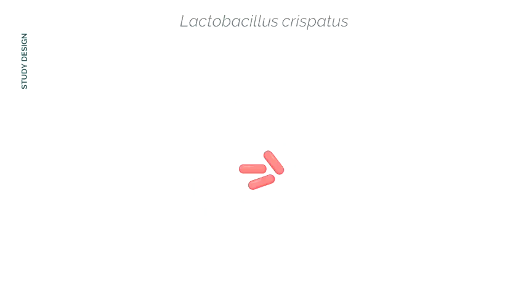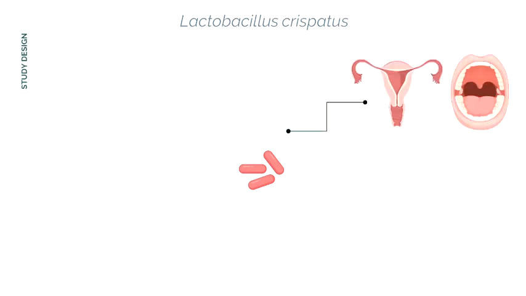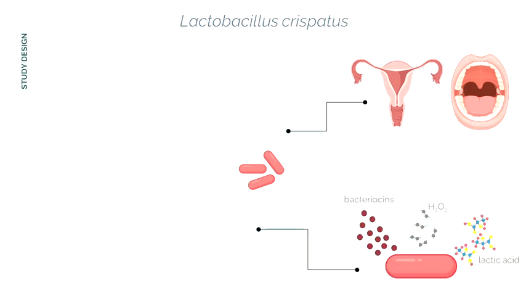So why have we chosen Lactobacillus crispatus to form a biofilm on our coating? First of all, this is normal human microbiota. You can find Lactobacillus crispatus mainly in the vagina, but it has also been found in the oral cavity. So this is physiologically relevant.